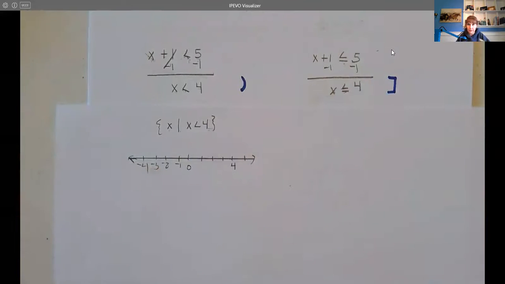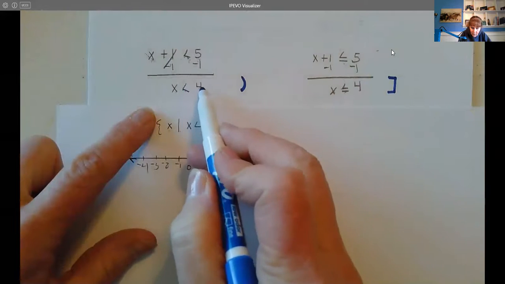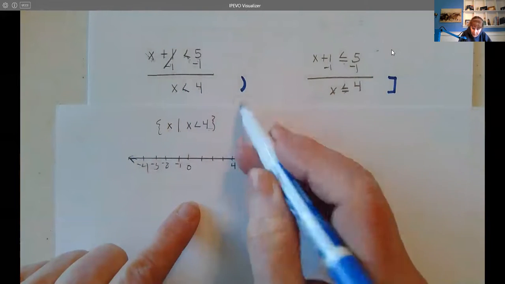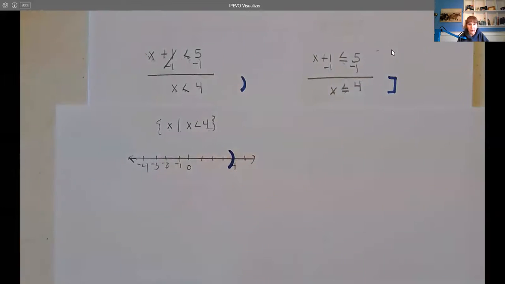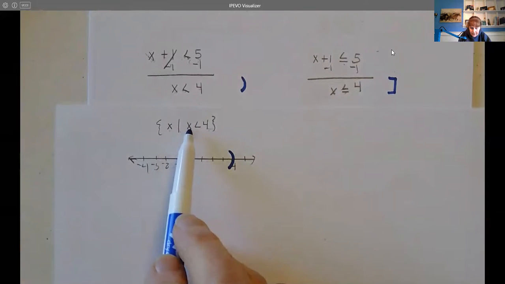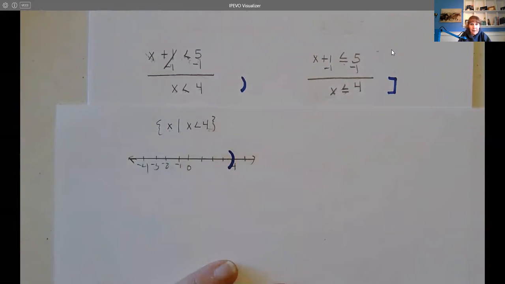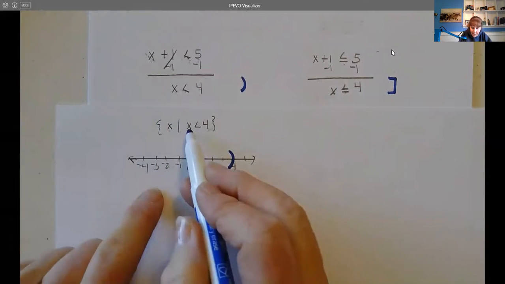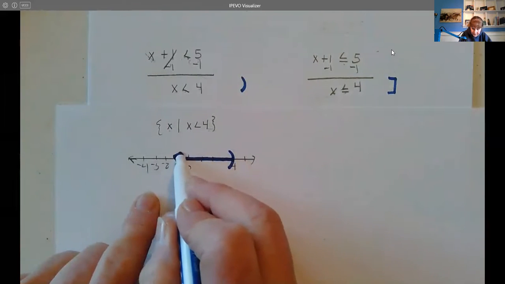And you have those parentheses and brackets on your keyboard. So here we want x's that are smaller than 4. Well, you go to the 4 and you use a parenthesis because you don't have the bar underneath. And the nice thing is that if the x is on the left, this inequality tells you which way the arrow goes. We want x's smaller than 4, which go in this direction.